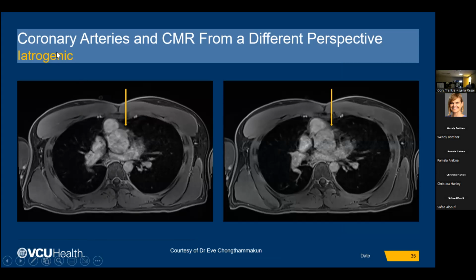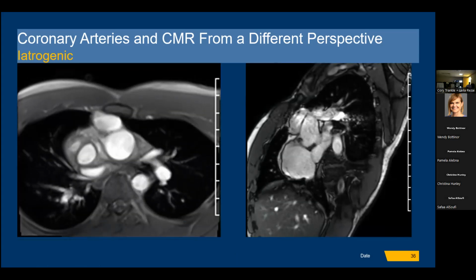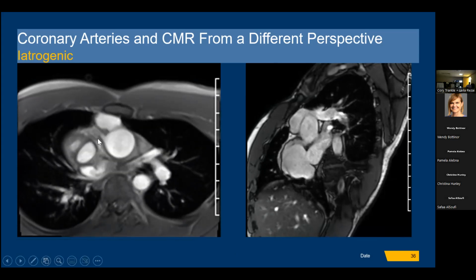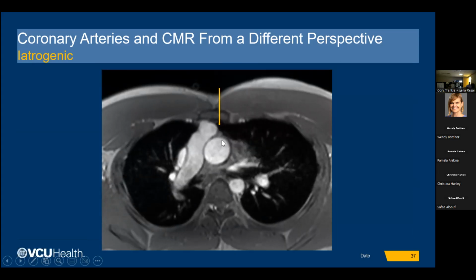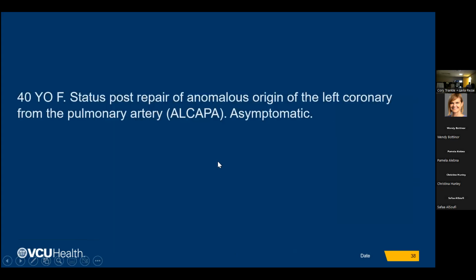So in terms of iatrogenic stenosis of the coronary arteries, we can use the common sequences of cardiac MR, and this is showing SSFP, small field of view, both of which show the reimplanted right coronary artery, which is patent, and this one is showing the left, which is stenotic.